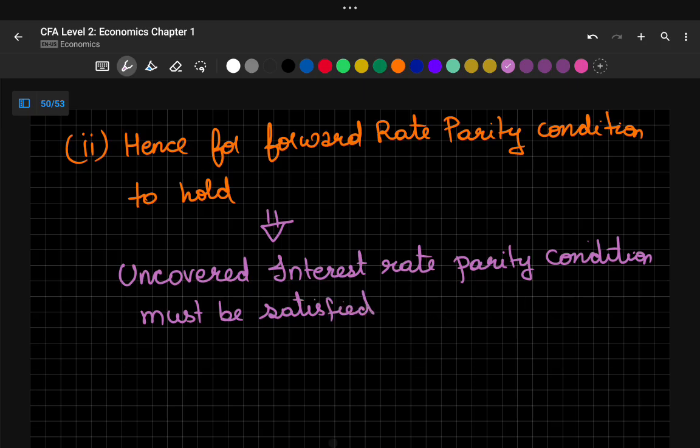Now, for the uncovered interest rate parity condition to be satisfied, what is the important point?